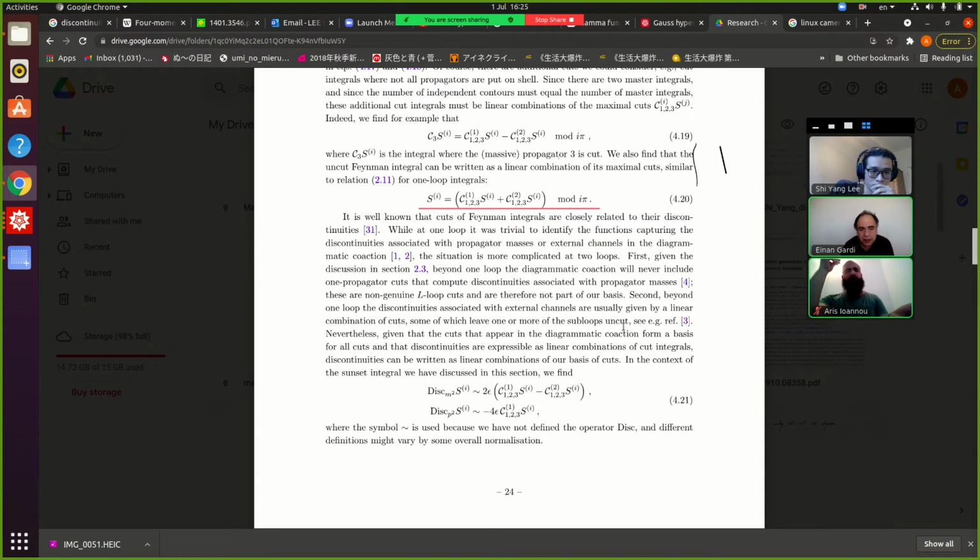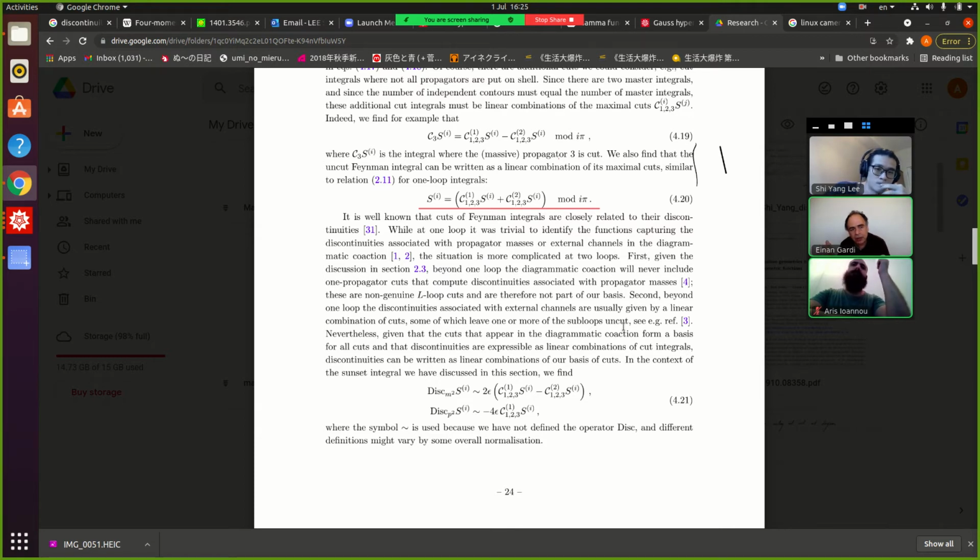The motivation was that when you compute the coaction, or we can put it differently, when you compute the period matrix, then all the diagonal terms look like 1 plus order epsilon, and all the off-diagonal terms are of order epsilon or higher.